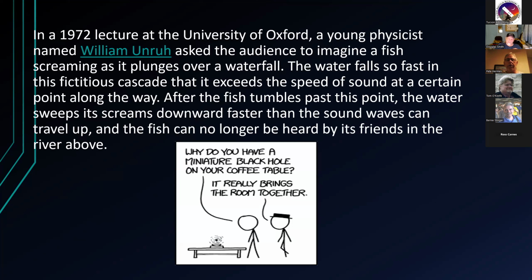The water itself is falling so fast in this fictitious waterfall that it exceeds the speed of sound, once you get somewhere closer to the bottom. And once the fish has progressed past this point where the water is moving faster than the speed of sound, you can no longer hear the fish scream. This is a rough analogy of what's going on as you approach a black hole.